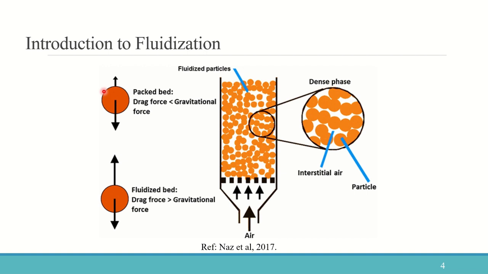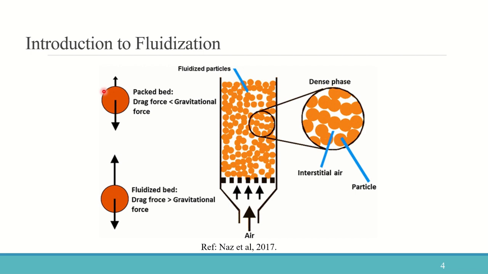The bed would remain in the loosest possible packed state, where the particles would not be moving, but would not even be closely packed. That is the point at which the bed is known as an incipiently fluidized bed, or the bed is at the minimum fluidization condition. After minimum fluidization condition, the bed is known as a fluidized bed, whereas below minimum fluidization condition, the bed is known as a packed bed.